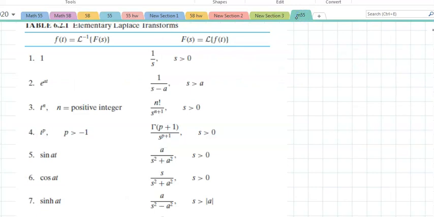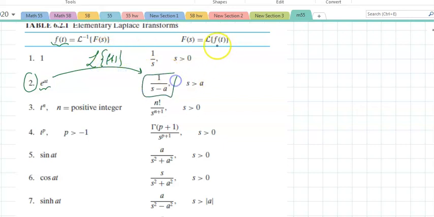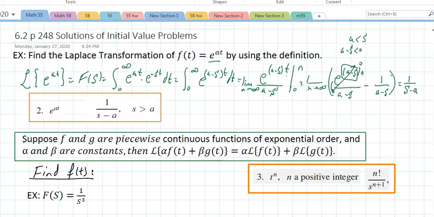Now, if I look at number 2, do you notice this says if this is f of t, and you apply the Laplace on that, guess what you'll get? F of s, the Laplace, that's 1 over s minus a. If I copied that down, this is number 2.